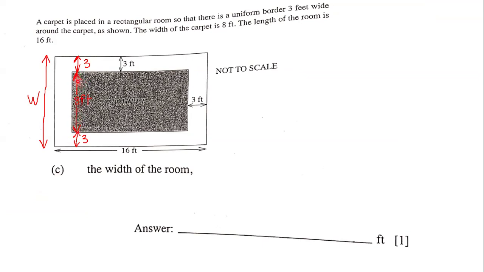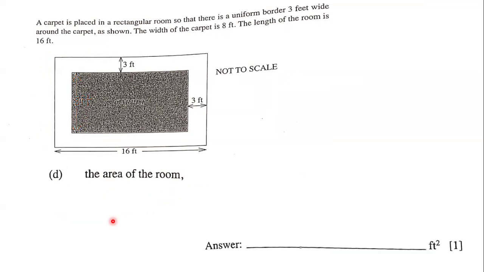So we have 8 feet, 3 feet, and 3 feet. We're going to add up all of these measurements to get the width of the room. So the width of the room is going to be 8 feet plus 3 feet plus 3 feet, and when we add them together, we get 14 feet. The width of the room is 14 feet.